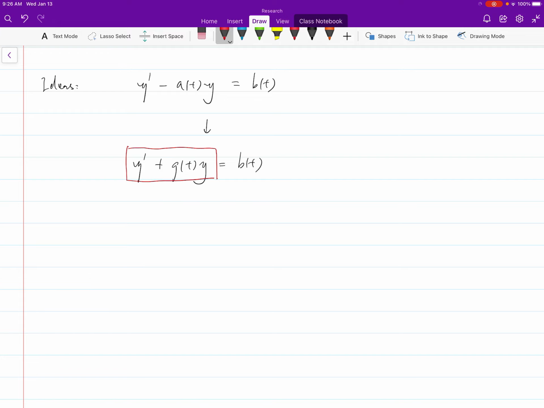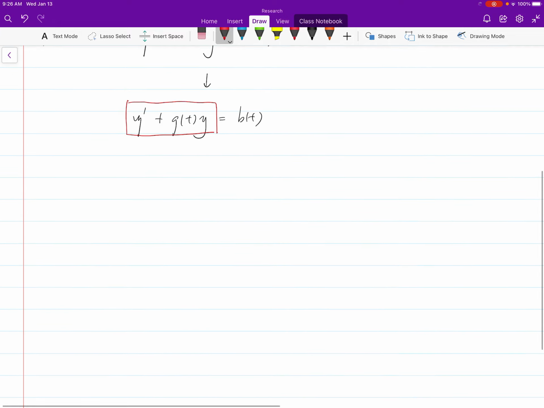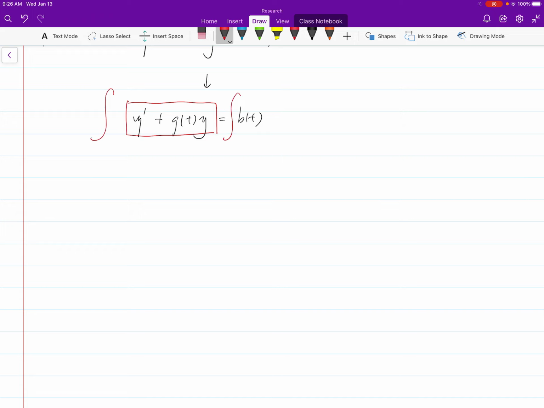And then we can think about this part. We have a derivative. Therefore, to find y, we want to take the integration. So our final goal is going to take integration, with respect to dt, which is fine. Now, the right-hand side is pretty easy because it's a function of t. You just take the integration with respect to dt.